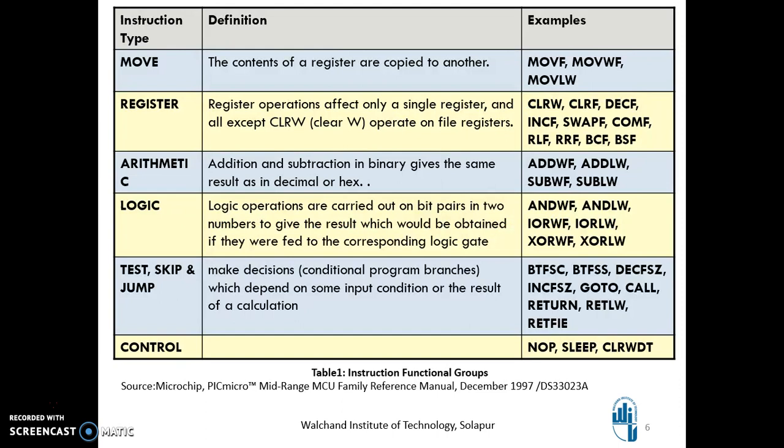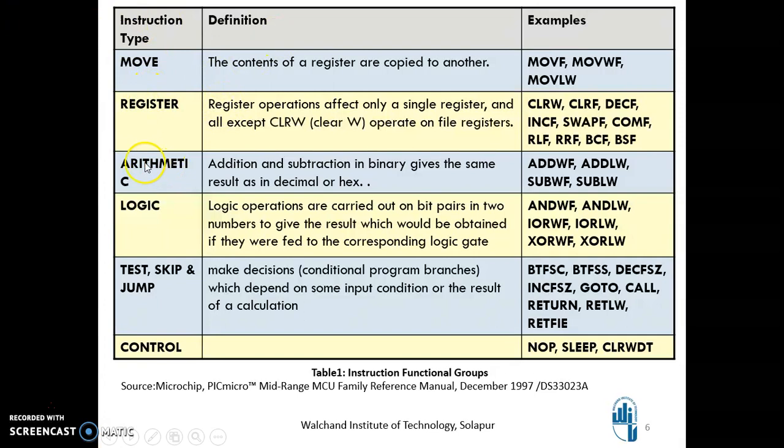Now this is the classification of instructions based on the purpose for which the instructions are used. 35 instructions are classified into 6 different categories here. The instruction type may be a move type of instruction, where you want to transfer the contents from one location to another location. Then the instructions which involve different registers.